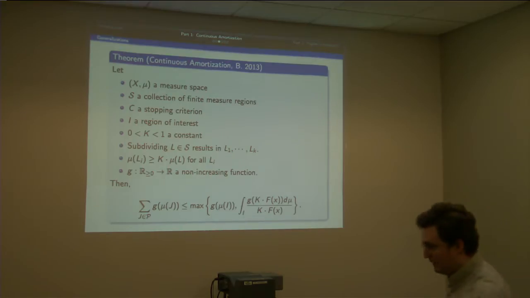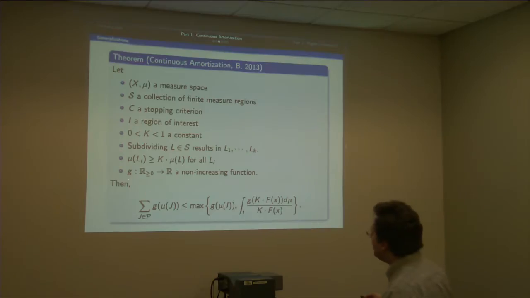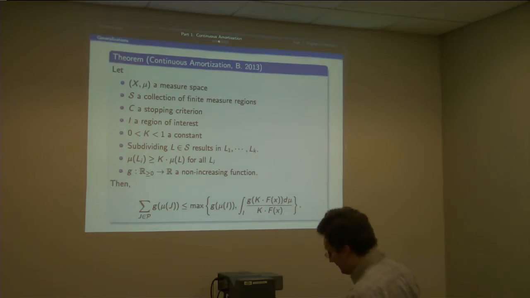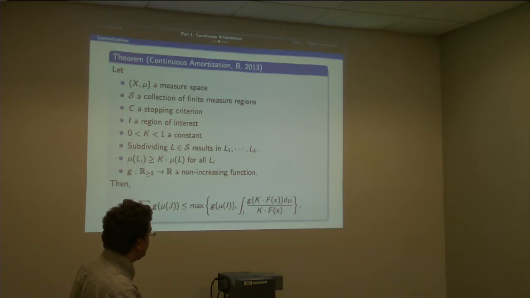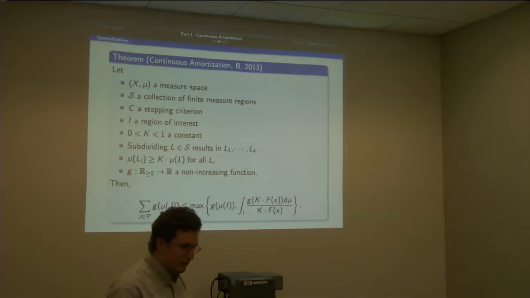So there's a lower bound on how small the subdivision can be. And this G is a non-increasing function. Forget about the non-increasing function for just a moment more. What this says is that we can integrate something and get a count on the number of regions. But now to this non-increasing function.